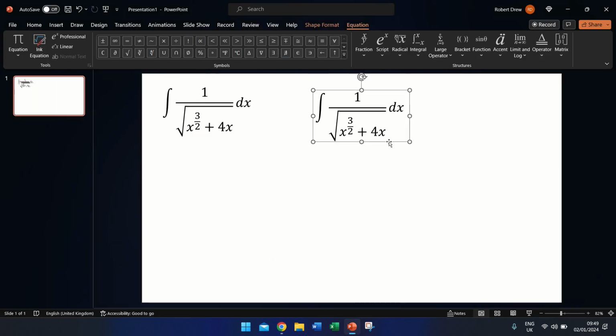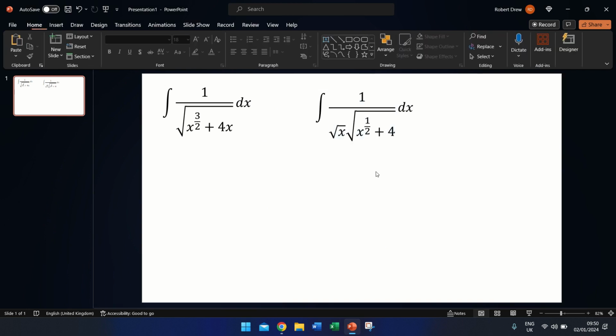The first idea is to maybe take out an x here and write something like this, so maybe factorize out a root x. I don't even know what we could think about doing here. This is a crazy integral.